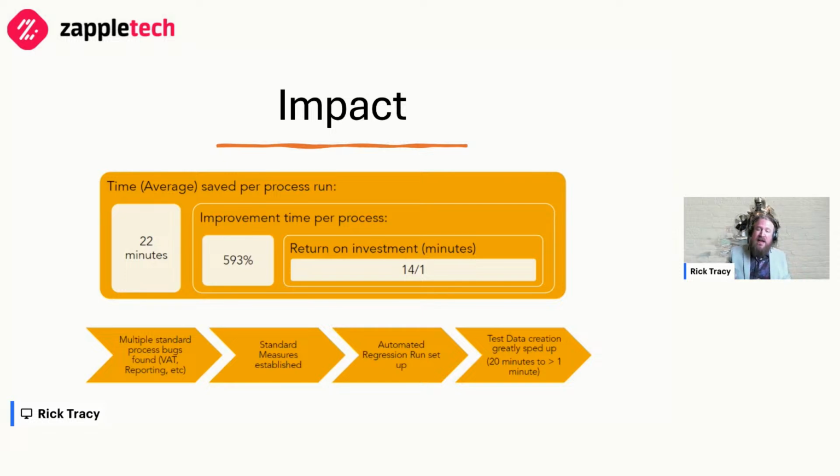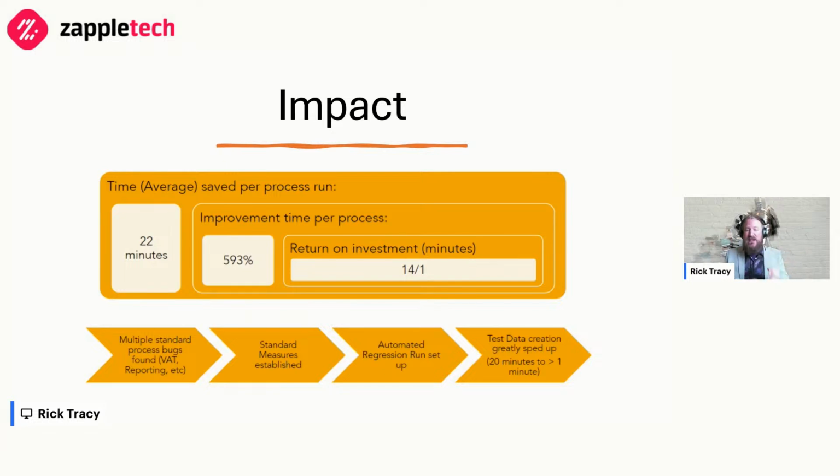We saw that on average, because of our changes, we saved 22 minutes every time that we would ordinarily run this test process by running it with our automation scripts. And that meant that we had a return on investment of 14 for every 1 minute we put into it. And that was done by taking a look at how much time we put into it.